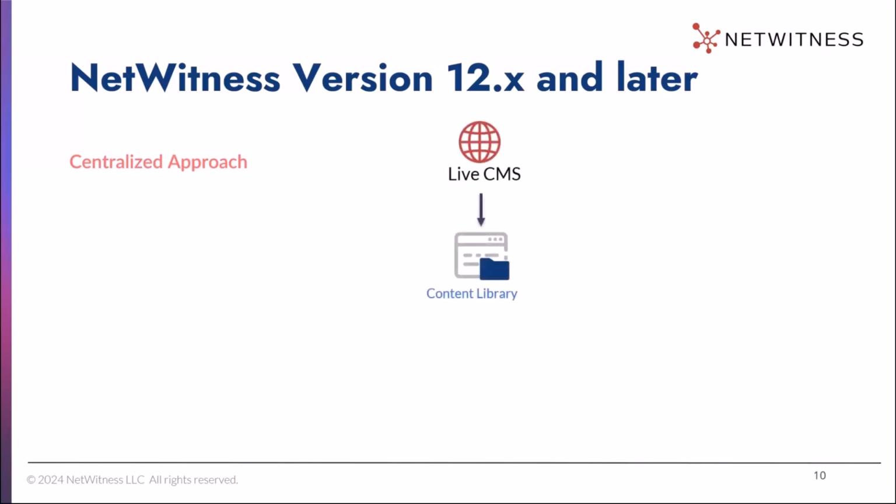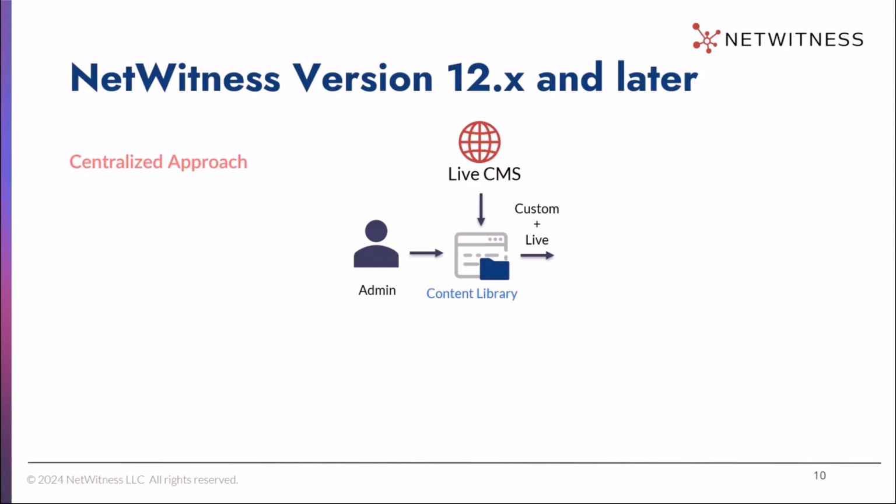Let's take an example. The live content is now readily available in the content library, so you can browse all of it there. And in the same content library, which is a repository of all of this content, you can also add all your custom content.